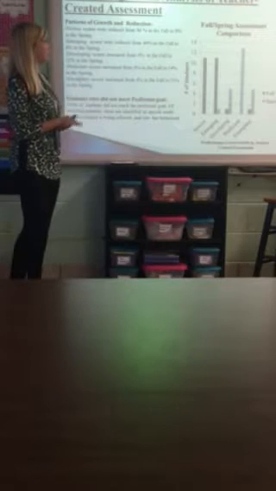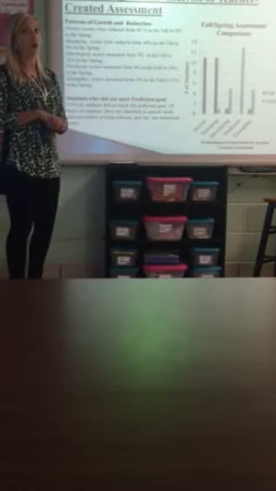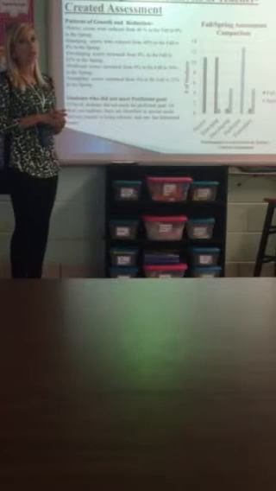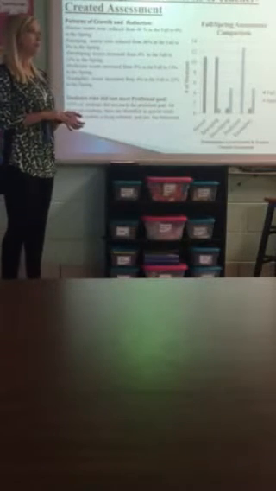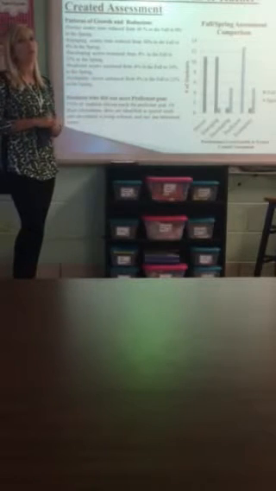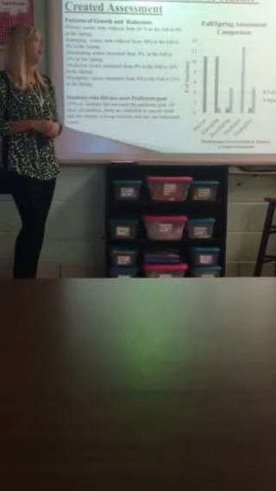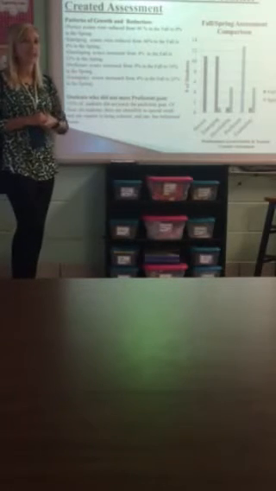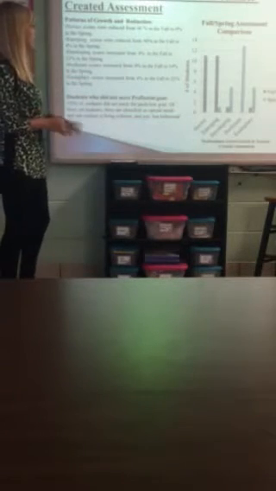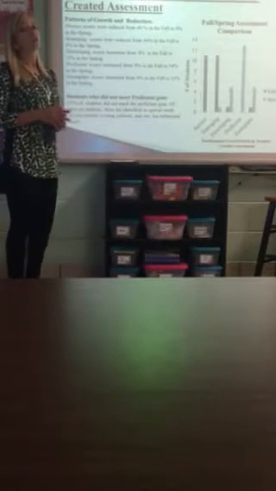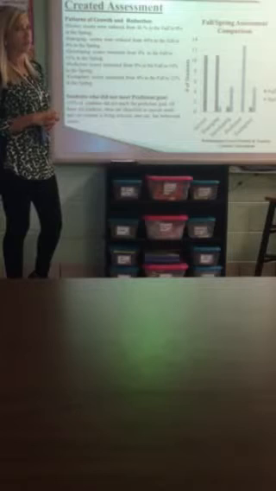And my developing scores increased in the fall from 4% to 21% in the spring, my proficient levels of my students increased from 0% to 54% in the spring. And I was very proud to see that my students are actually understanding text features. And my exemplary scores even increased from a 4% in the fall to a 21% in the spring.